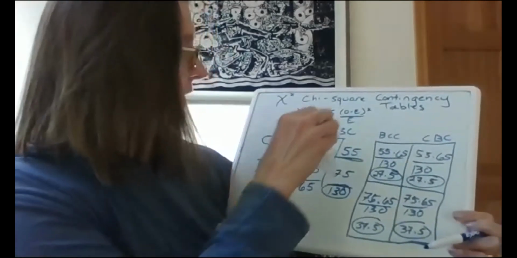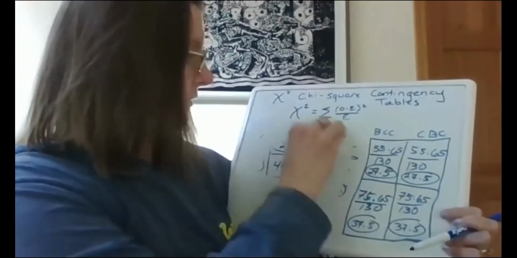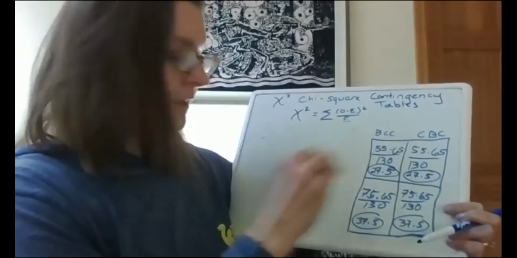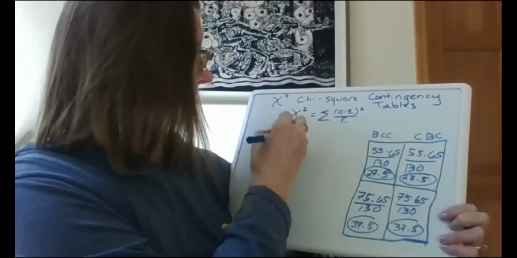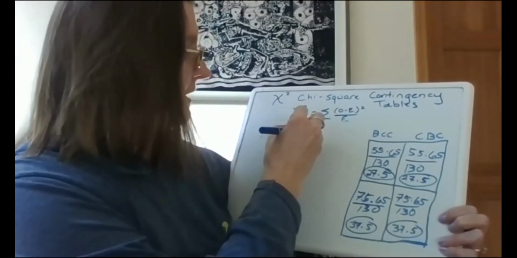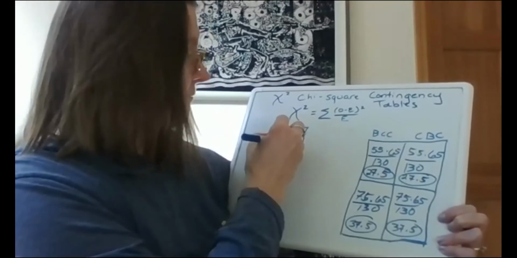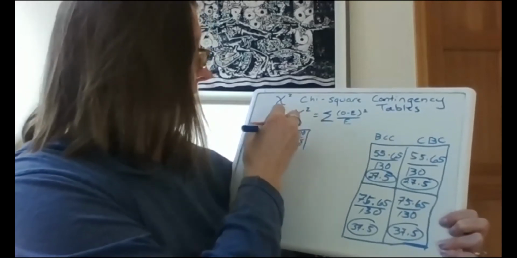And so I'm going to build the equation. I'm going to make this table just a little bit smaller up here. So it's 25, 30, 40, 35.